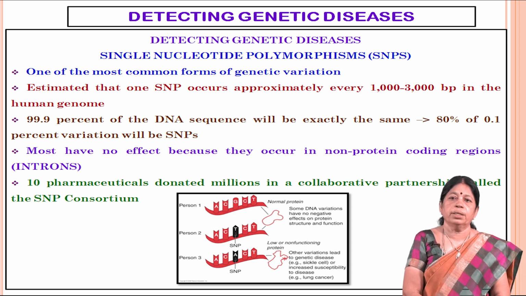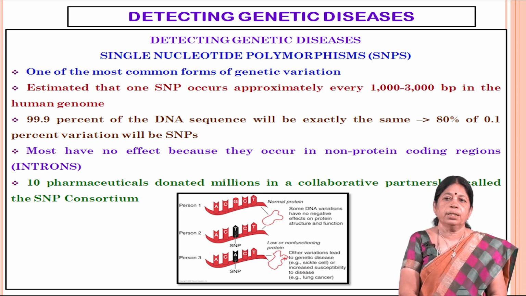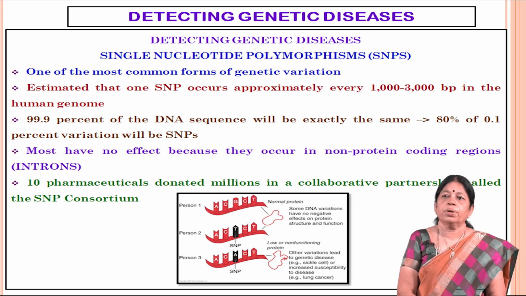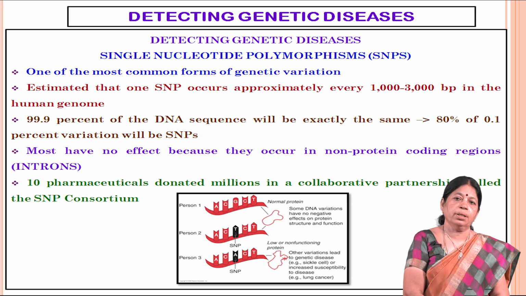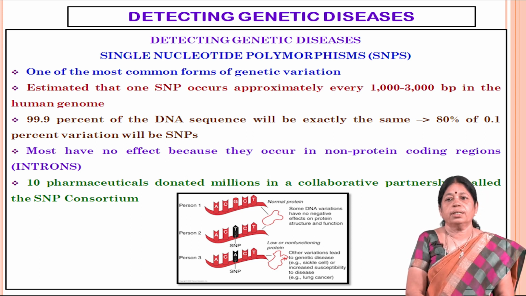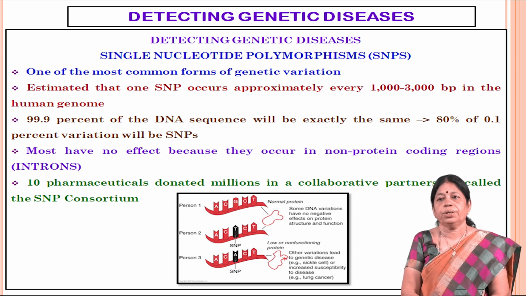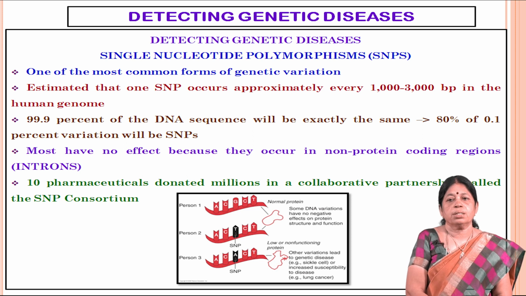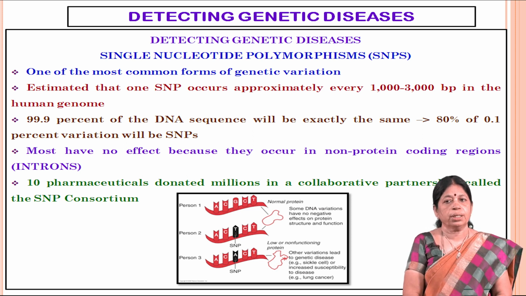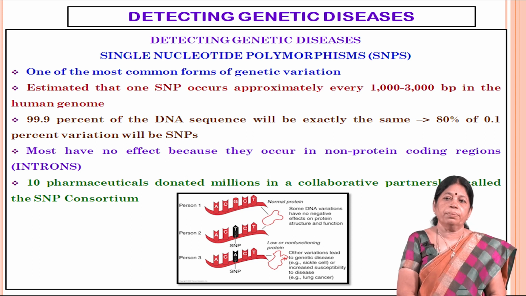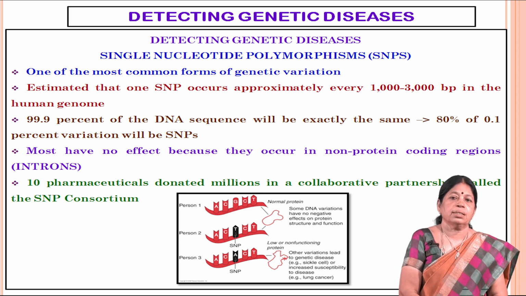Most of them are in introns, and only a very small amount of SNPs occur, approximately every 1000 to 3000 base pairs. So 10 pharmaceutical companies donated millions in a collaborative partnership called the SNP Consortium.